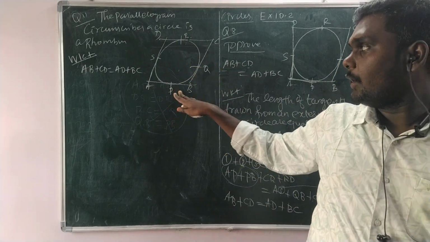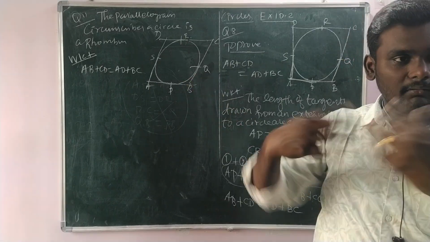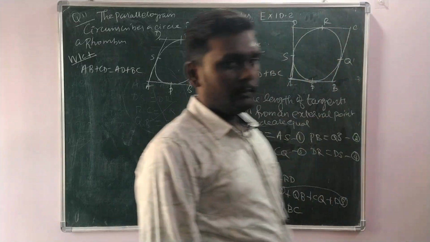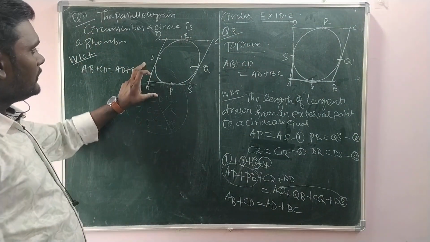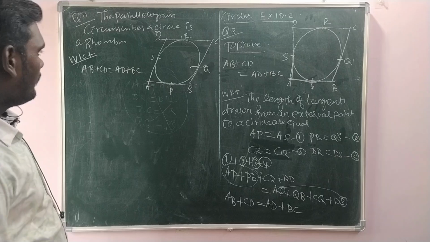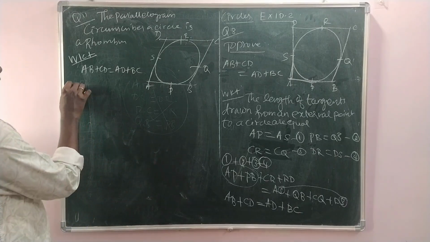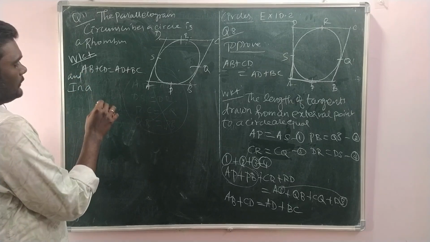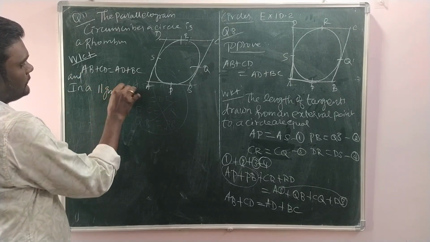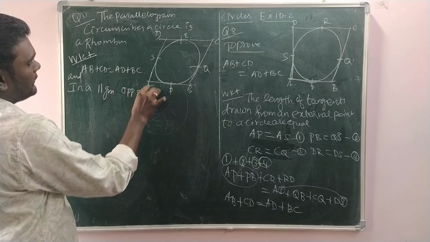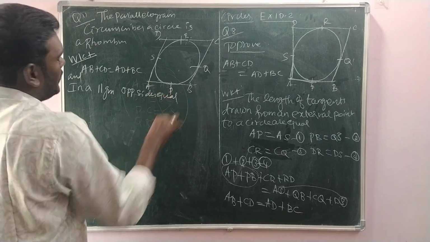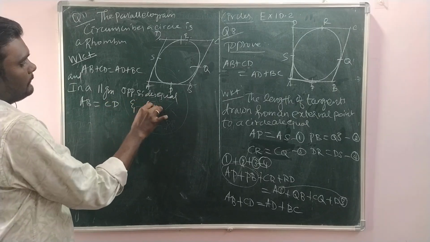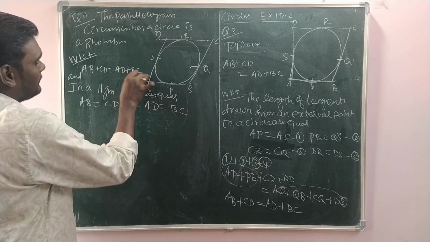If we can prove one pair of adjacent sides is equal, then everything will be equal. That's what we need to prove. How to prove these adjacent sides are equal? We make use of this. In a parallelogram, opposite sides are equal. That means AB is equal to CD and AD is equal to BC.